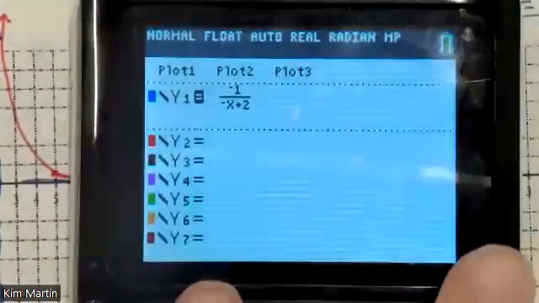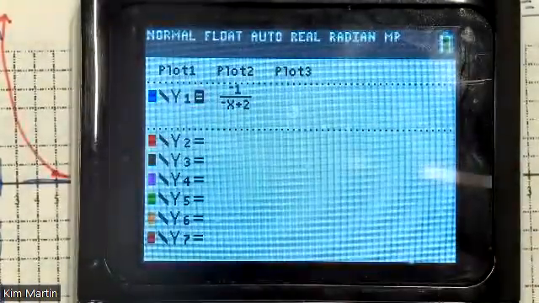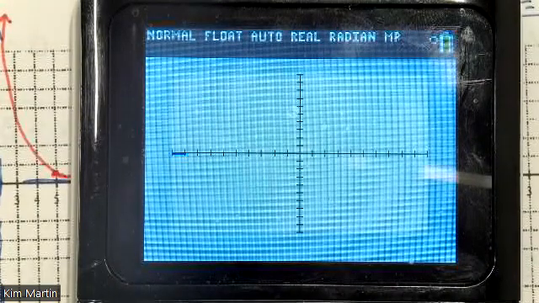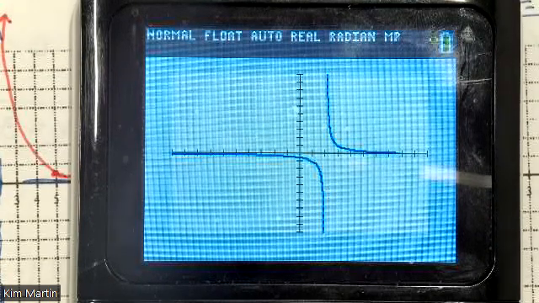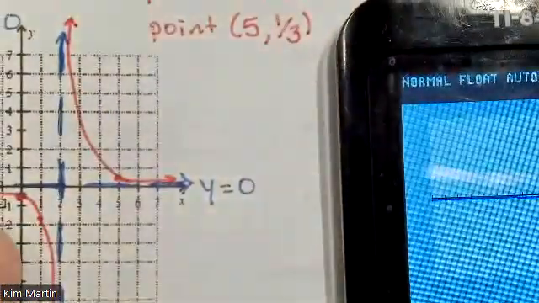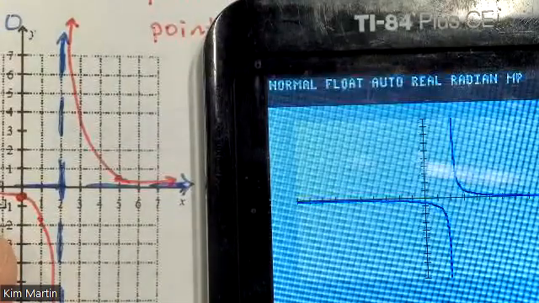And I'm in Zoom 6, okay? And it's going to graph. Notice what it does, okay? Now, doesn't that kind of look like what this is? Asymptotes aren't on here, okay? But this is what I'm going to see on a test.